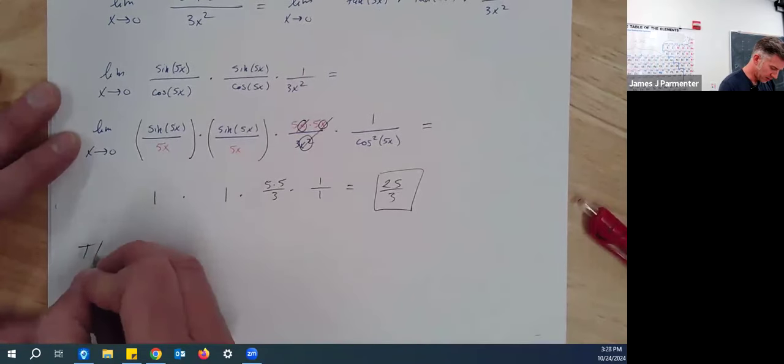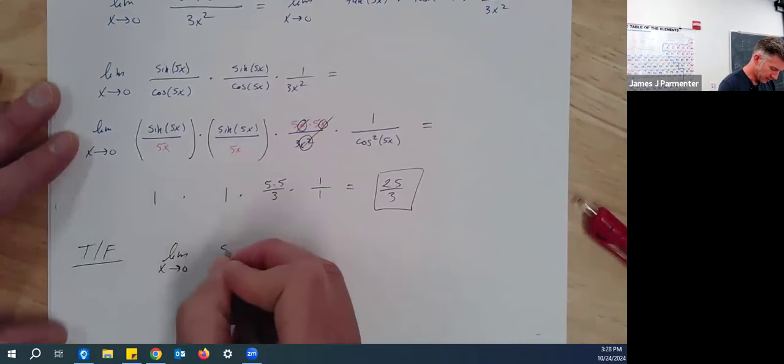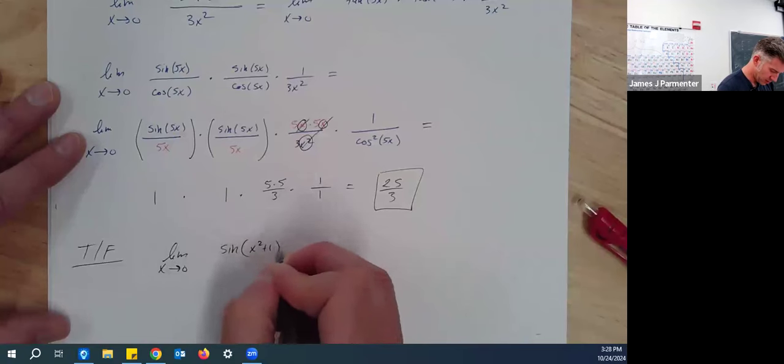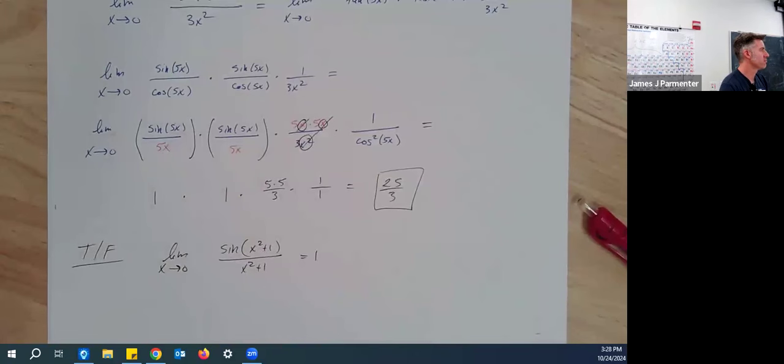Okay, true or false? The limit as x approaches 0 of sine of x squared plus 1 over x squared plus 1 equals 1. False. If I plug in 0, what happens?